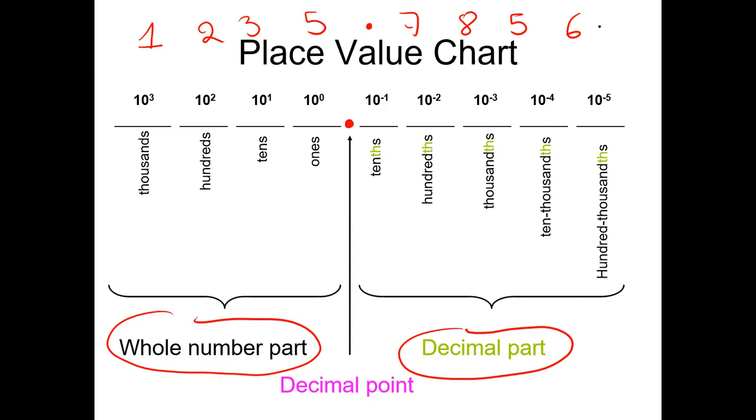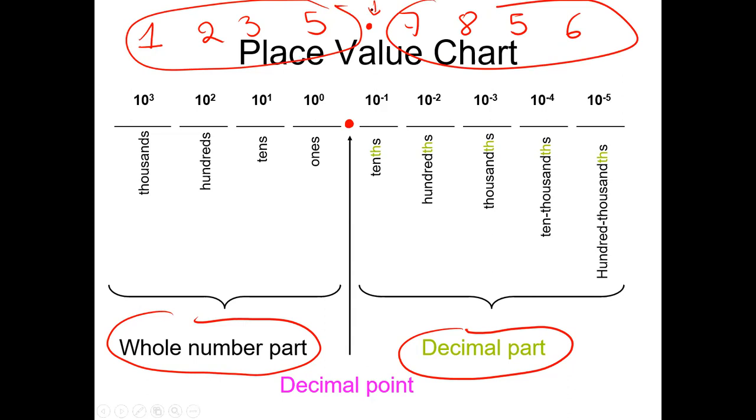In the whole part and in the decimal part, because any decimal number is composed of a whole part, a decimal part, and a decimal point. Let's start first with the whole part. I always start with the whole part. I consider the whole part just like an ordinary whole number. If we say, for example, 567, this is a whole number. It's not a decimal, it's a whole number. What is the place value of 7?